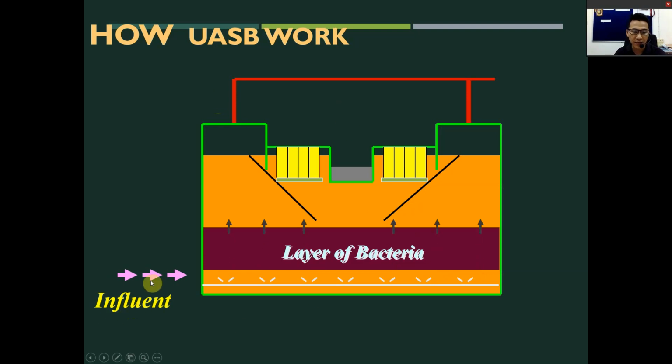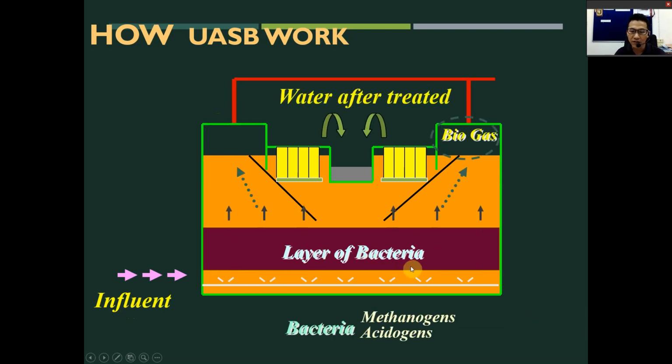Here is the influent coming through, and you have a layer of bacteria that cleans up that material and produces gas, and the gas flows up here, where you can collect it. This gas, produced by bacteria, we call biogas, and it will be very beneficial for other purposes as well. This type of bacteria is of course the methanogens and acidogens, and that is why they can produce methane in this UASB system.